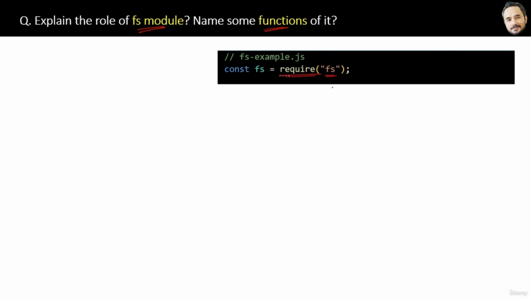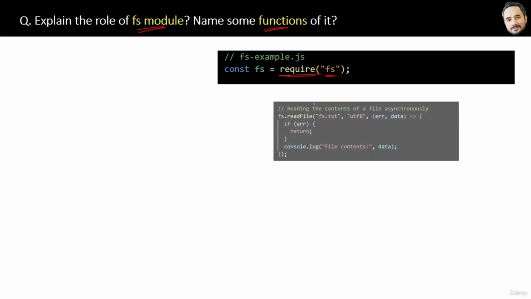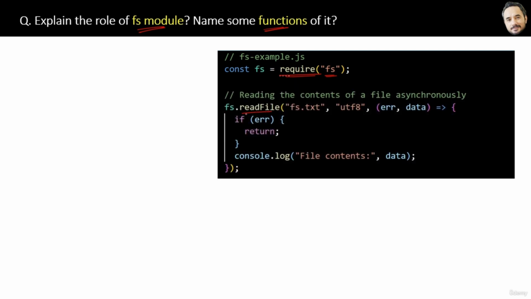Then you can use the read file function of the FS module to read the contents of a file asynchronously. Here the first parameter is the name of the file from which we are reading. The second parameter is the format of the file, and the third parameter is this callback function in which we are passing two parameters, the error and the data.